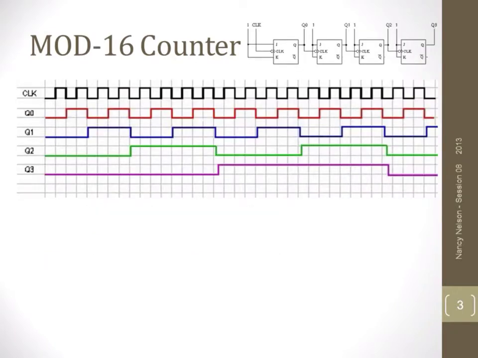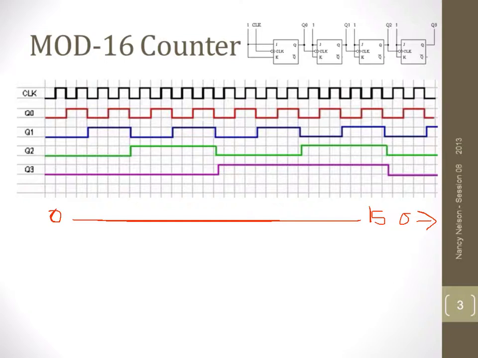So here's the mod 16 counter that we talked about in the last session. We have our clock signal, and we have our Q0, which is half the frequency of the clock, our Q1 output, which is half the frequency of Q0, Q2, which is half the frequency of Q1, and Q3, which is half the frequency of Q2. We worked through this and realized that it counted from 0 up to 15 and then started at 0 again.